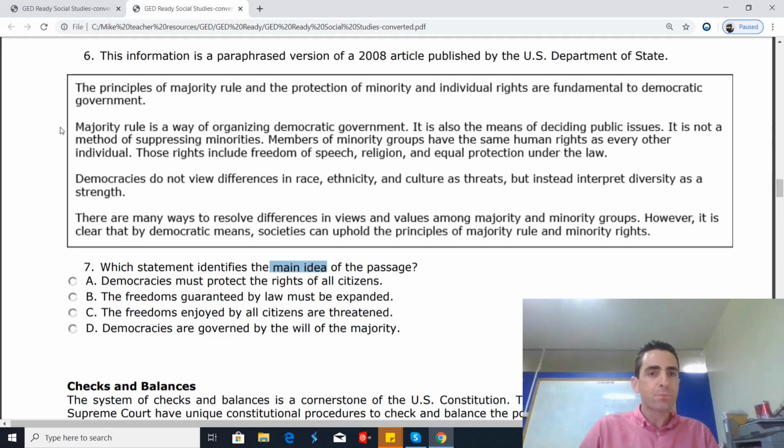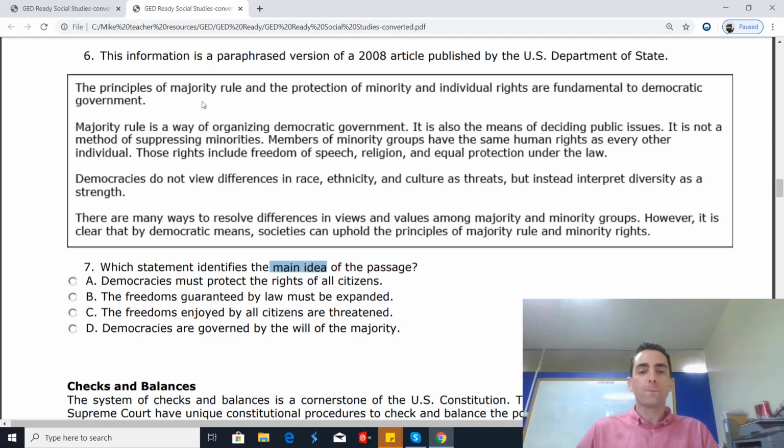Let's see. The principles of majority rule and the protection of minority and individual rights are fundamental to democratic government. Majority rule is a way of organizing democratic government. It is also the means of deciding public issues. It is not a method of suppressing minorities. Members of minority groups have the same human rights as every other individual. Those rights include the freedom of speech, religion, and equal protection under the law.